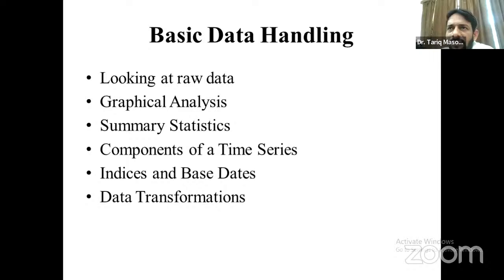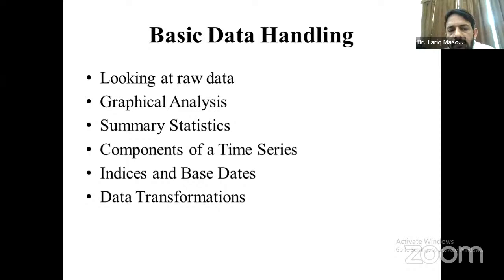In any basic statistics textbook, you will find all those things: how to remove trend from the data, how to differentiate between trend, irregular component, and cyclical component. The next is indices and base dates. Particularly in case of economic data, sometimes there may be a change in base.